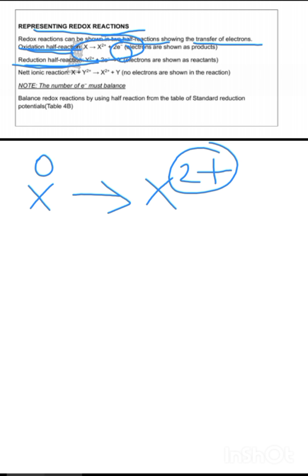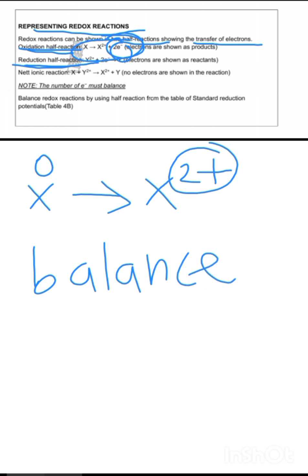But then why over here do we have two electrons? How did they get those two electrons? The one thing that you must know whenever you write a half reaction, let it be an oxidation half reaction or a reduction half reaction, is that the charge must balance. When I say charge must balance, it means the charge on both sides must be equal.